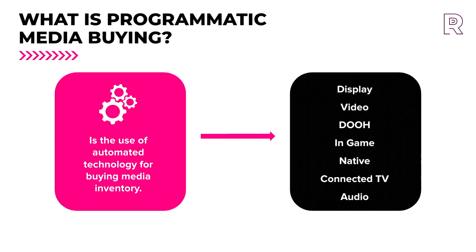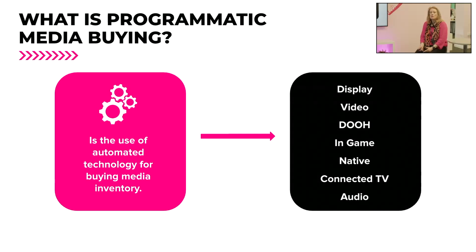So I wanted to start off with answering the question of what programmatic media buying is, because programmatic is quite often a term that is used, but it's not always fully understood exactly what we mean when we say programmatic. Essentially it's just the automated technology used for inventory buying. Way back, about 10 years ago, when bidding strategies were not as common, programmatic was one of the main platforms where we would be using more of that technology.